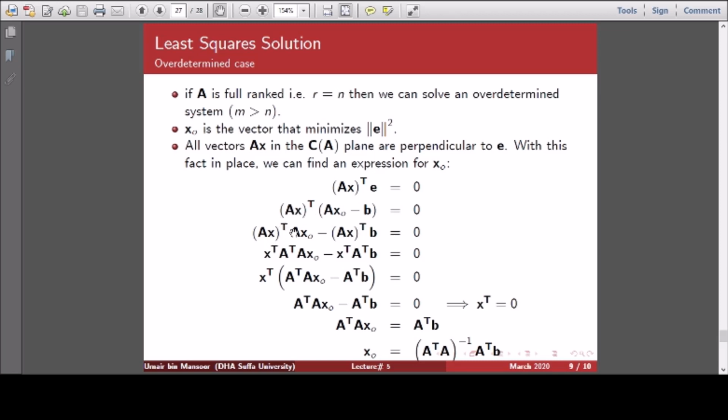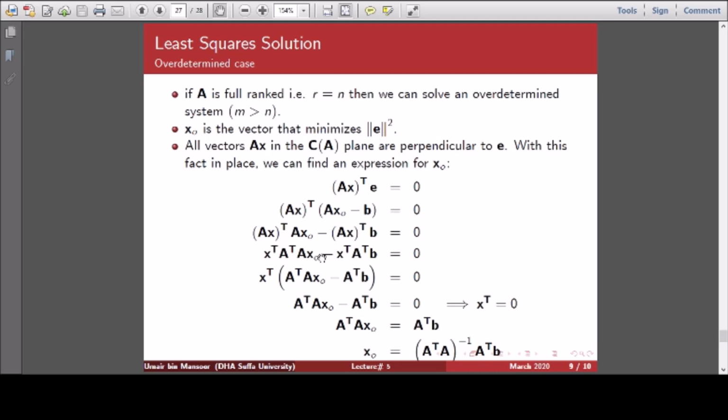So AX transpose times AX naught minus AX transpose times B. Now when we open the transpose, we just swap the location. So X transpose times A transpose multiplied by A times X naught minus X transpose A transpose times B. So we can see that X transpose can be taken common.